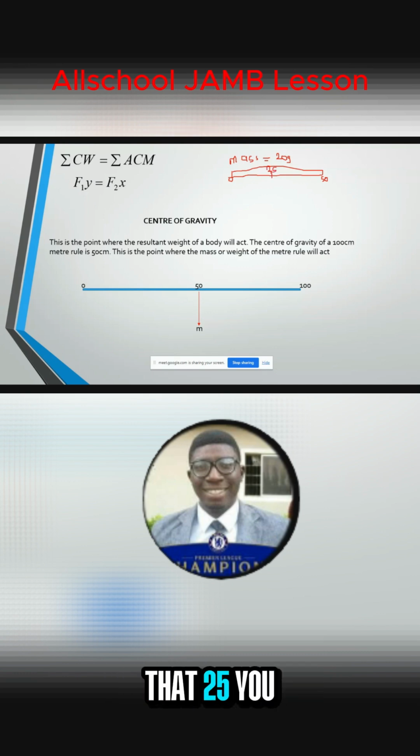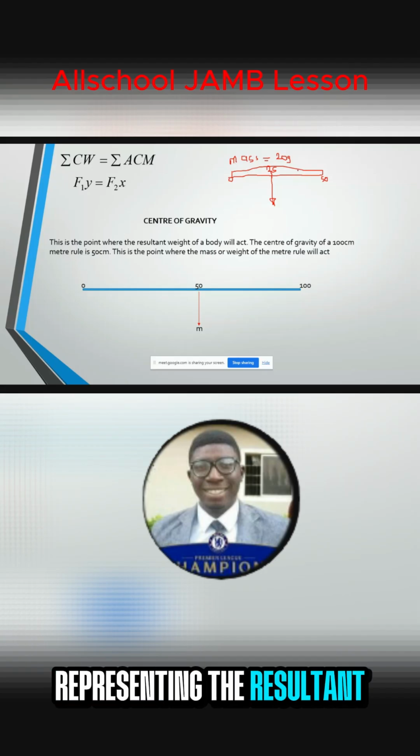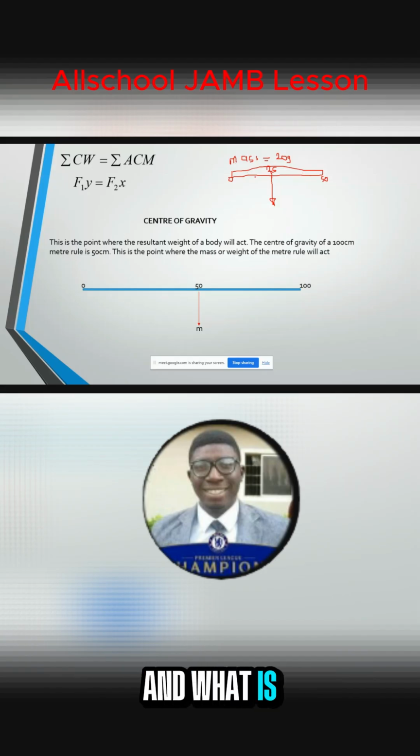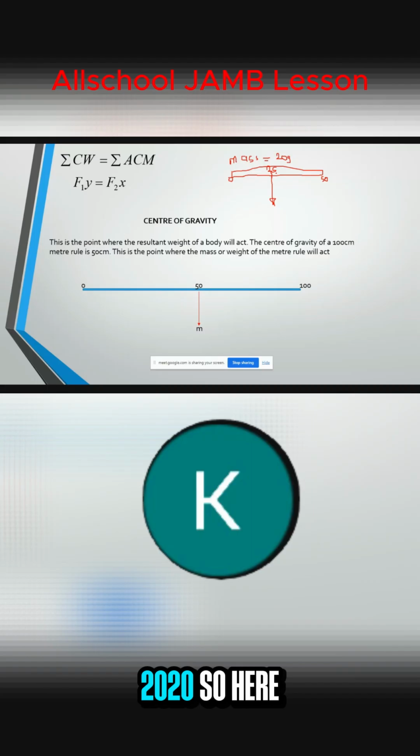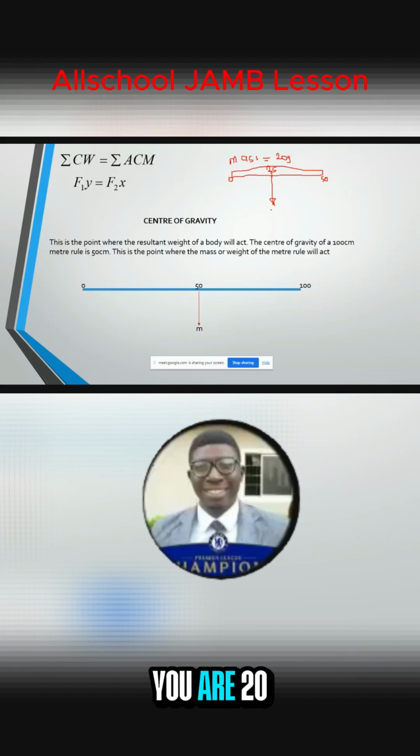At that 25, you will draw a force down. This force here, what is it representing? The resultant weight of this meter rule. And what is the mass of this meter rule? 20. So here you have 20 grams.